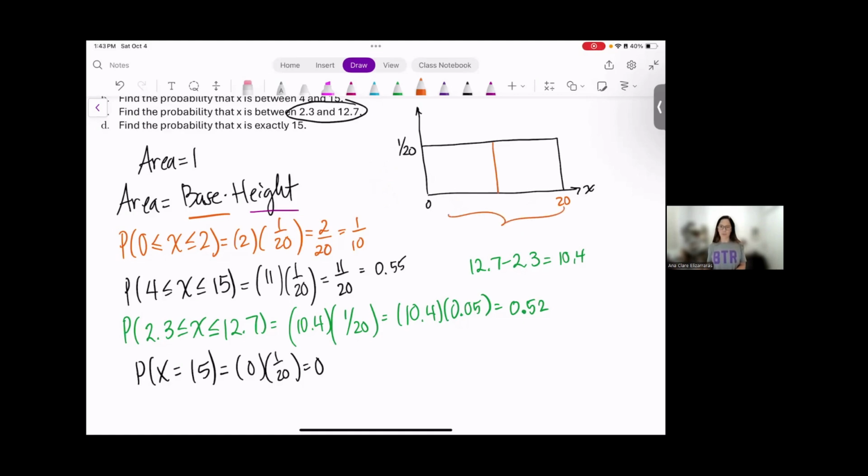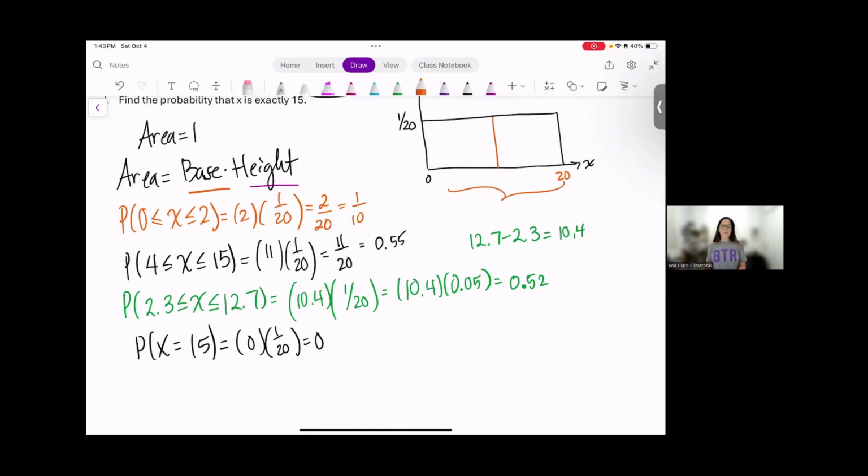I average these two. I do it just like I would normally calculate the average between two things. I would add 0 plus 20 and divide that by 2. So 0 plus 20 divided by 2 is 10. So I would expect the value, so the average here is 10.